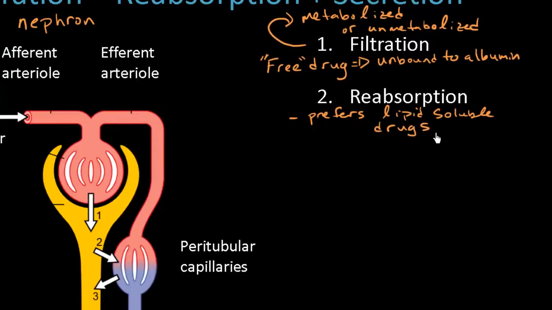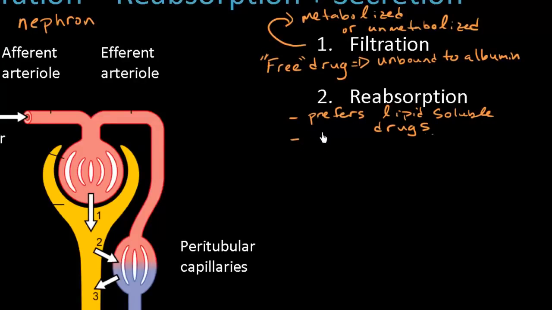And as we remember, most drugs need to be somewhat lipid-soluble to get across the GI tract and be absorbed into our body. But once those drugs get to our liver, we have, remember, phase 1 and phase 2 metabolism. What those do is that they change the drug and make it more polar. And by making it more polar, it prevents reabsorption. Now, that's the way that our body does it.